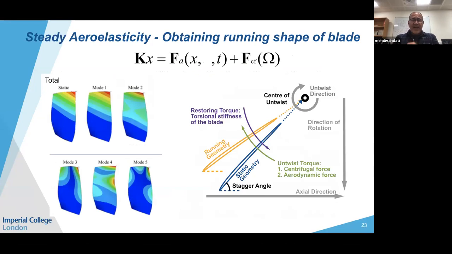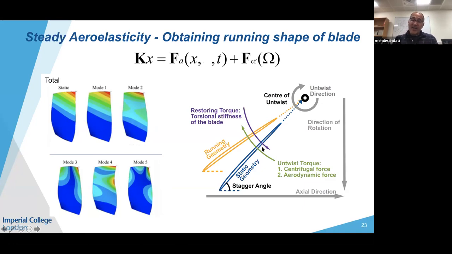Again, before we start any flutter computation, we have to get the running shape of the blade, so we need to solve a system like that. We have the centre of twist of the blade, which comes from the summation of the displacement of different modes. Here we have 5 modes.